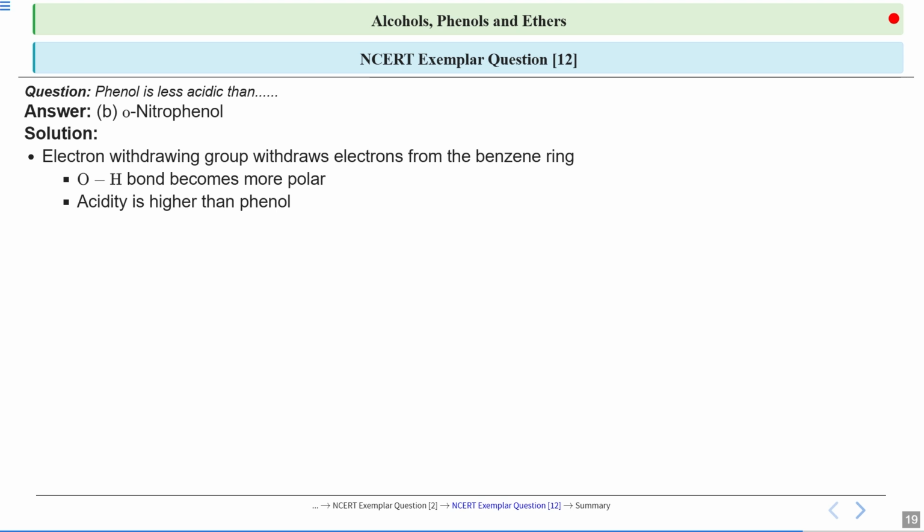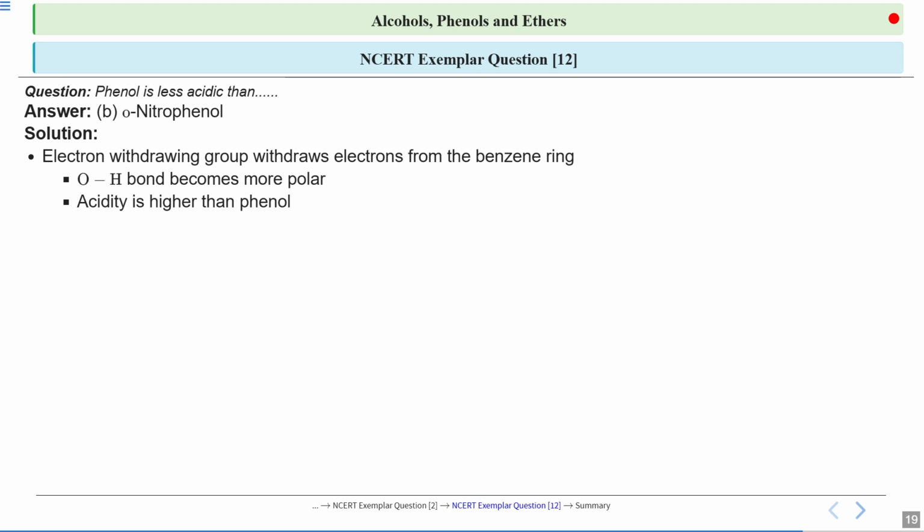Also in orthonitrophenol, acidity is higher compared to phenol because the nitro group is attached at the ortho position, which is the second position compared to the first position at which the hydroxyl group is attached in the phenol.